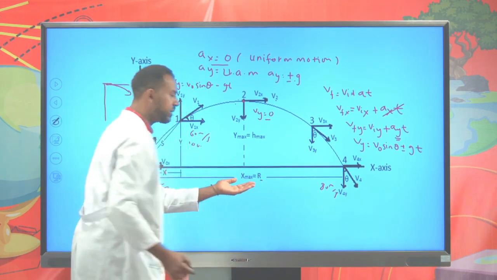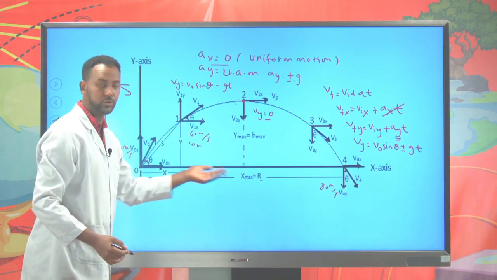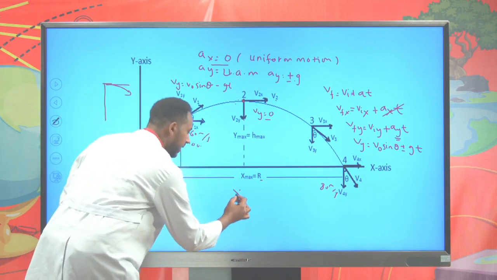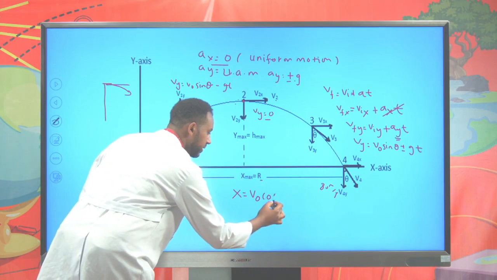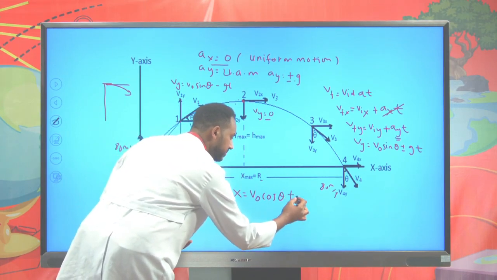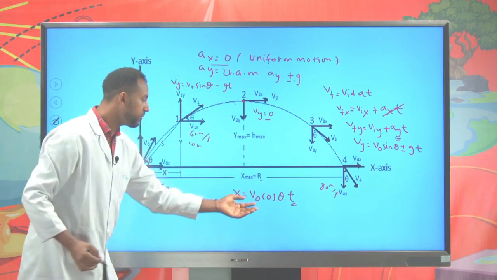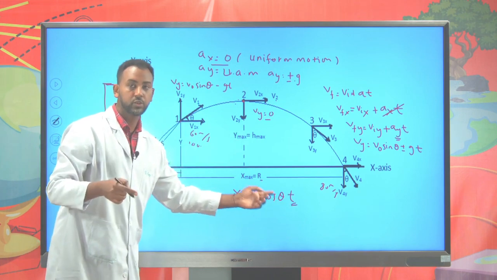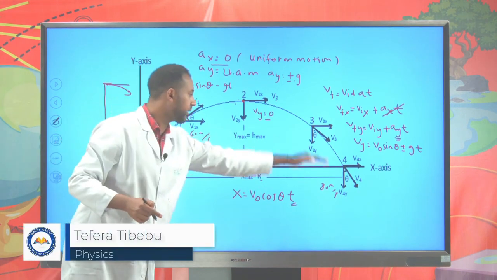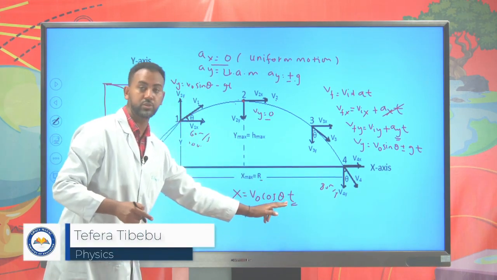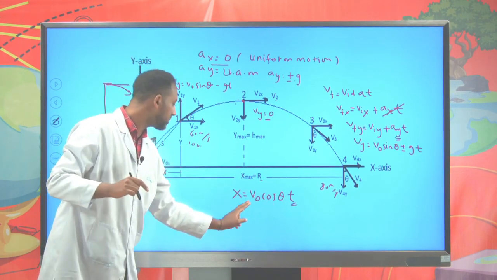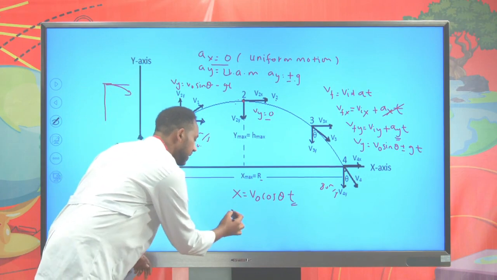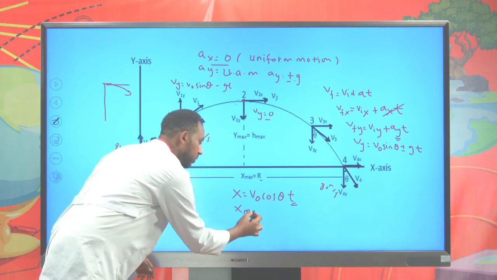So how do you determine the maximum possible horizontal projection? We know that x is generally given as v naught cosine theta times t. Look, if we use time t to be the total time of flight, which is twice the half-time of flight, it's possible to find the maximum displacement, or the range.